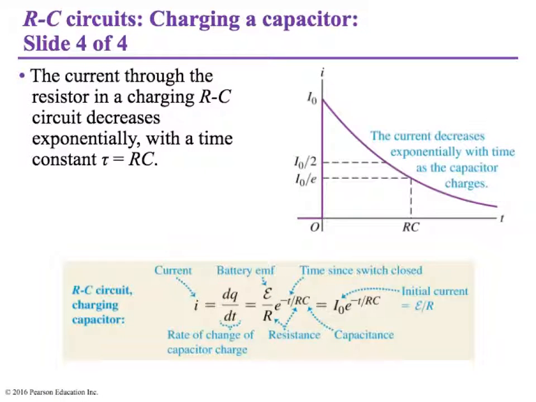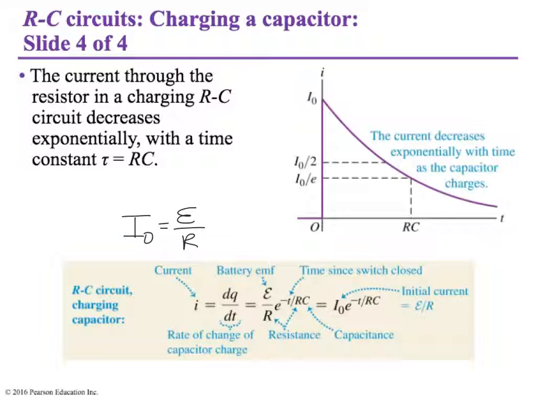When we took the time derivative of the charge to find the current, we found that the current, remember, starts off at the maximum value with all the current going through the resistor. So I naught, the initial current, is the EMF of the battery divided by the resistance. But as the capacitor gets more fully charged, the current goes down and exponentially decays.